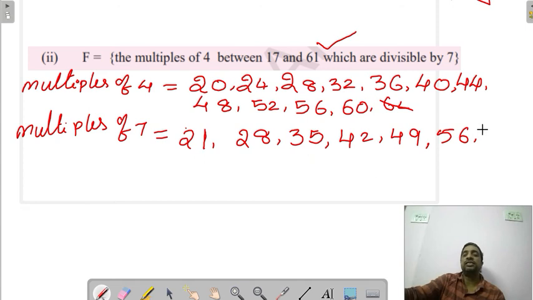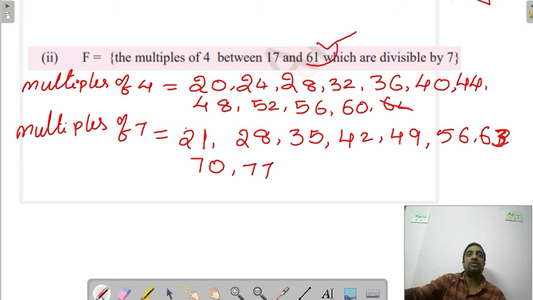And 56 plus 7 is 63. 63 plus 7 is 70. 70 plus 7 is 77. Wait.